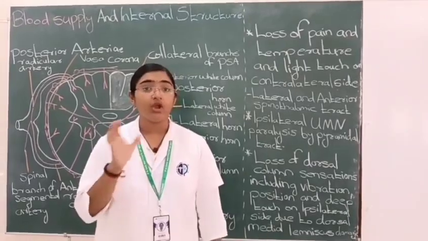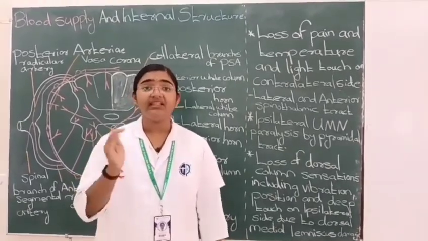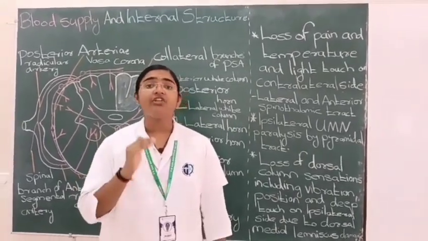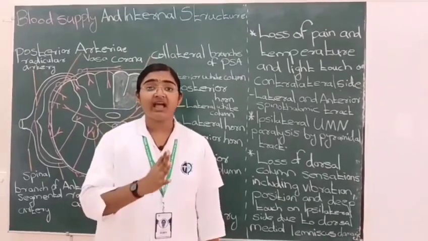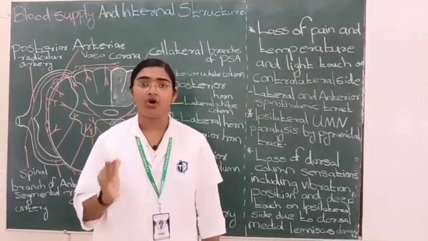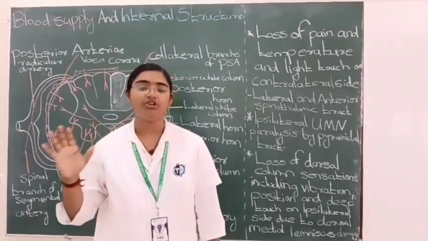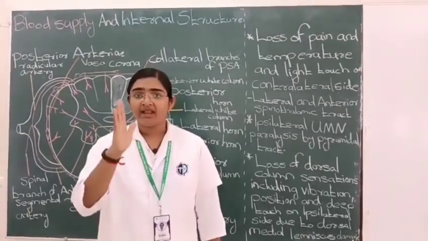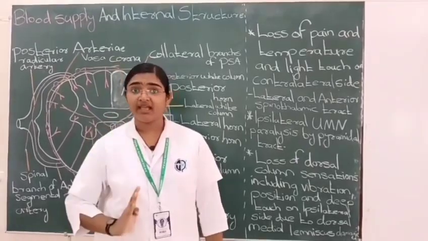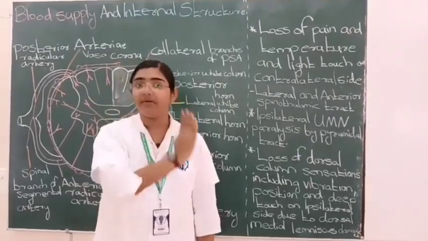What is meant by lower motor neuron? It is the fibers of the corticospinal tract from its origin in the anterior horn cells of the spinal cord to its termination in the muscles as alpha motor neuron. What is meant by ipsilateral? It is the same side; contralateral is the opposite side.